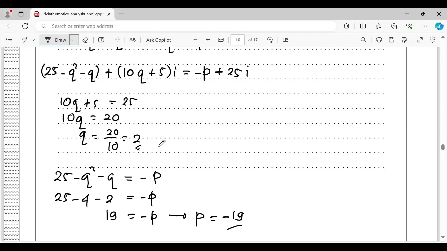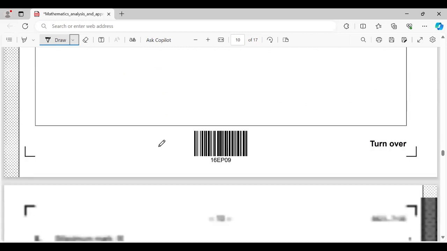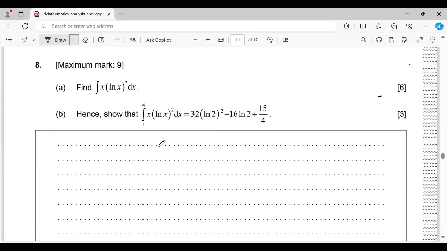Yeah, so q equals 2. Next one, find the integral. Right. Through integration by parts, let u equals (ln x) squared. So du dx equals, (ln x) squared means 2 ln x times 1 over x.